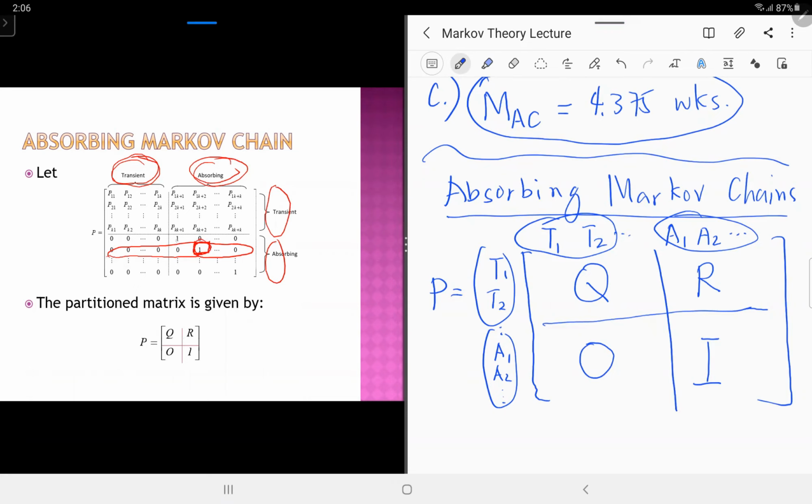In the same way here, you have a transition that has a probability of 1 and the rest of the transitions are 0. There is only one transition that is possible, which is to the absorbing state.